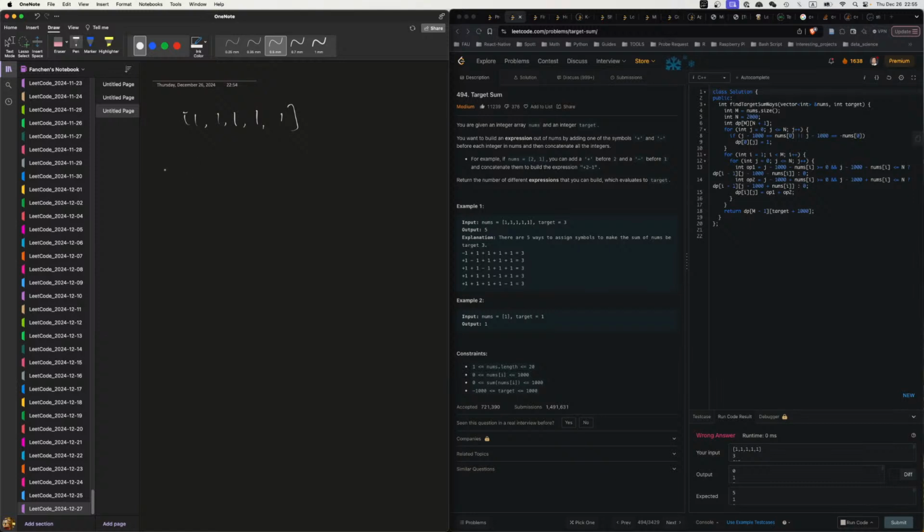Anyway, we have the 0, which is this. And then basically we have 0, 1, 2, all the way to 2000, right? And the one that can actually meet is, because this is the value, I need to use this value minus 1000.